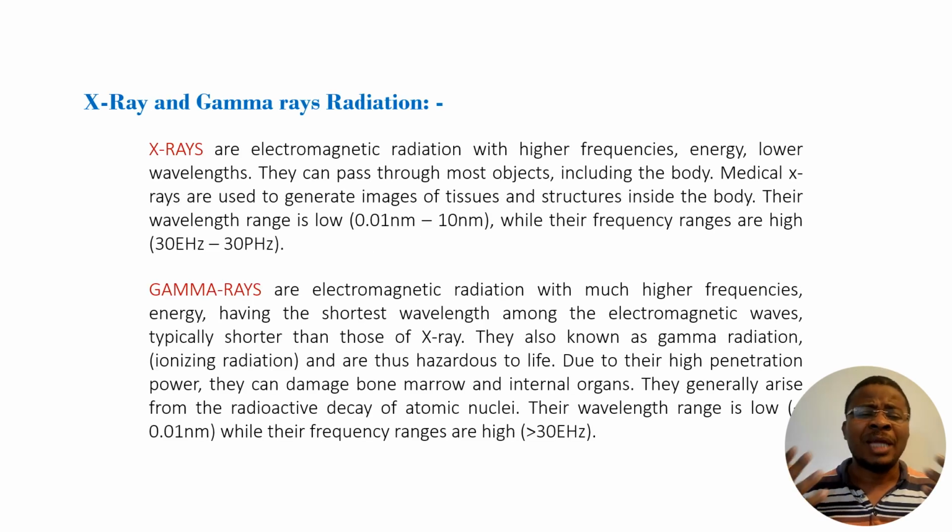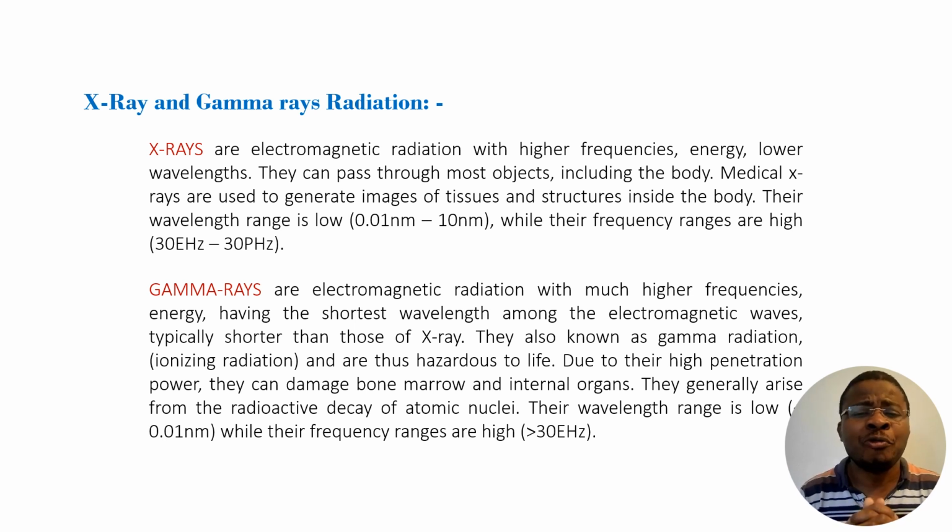Now, I'm going to talk about the X rays and the gamma rays together because we don't often use them in remote sensing and geoinformatics and so on, but they still have found very significant application in medical imaging and also in detecting certain things around us. The X rays are electromagnetic radiation with higher frequencies, higher energy levels, but very low wavelengths.